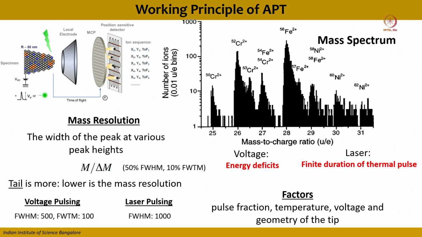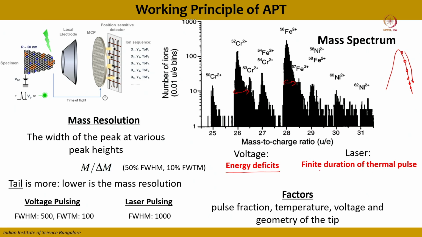We also discussed the energy deficits in the voltage. As I told you, during HV pulsing, when the voltage decreases, it might be possible that the ions at these time frames get field ionized or field evaporated, so they will be detected and you will get a broadening. These are called energy deficits.